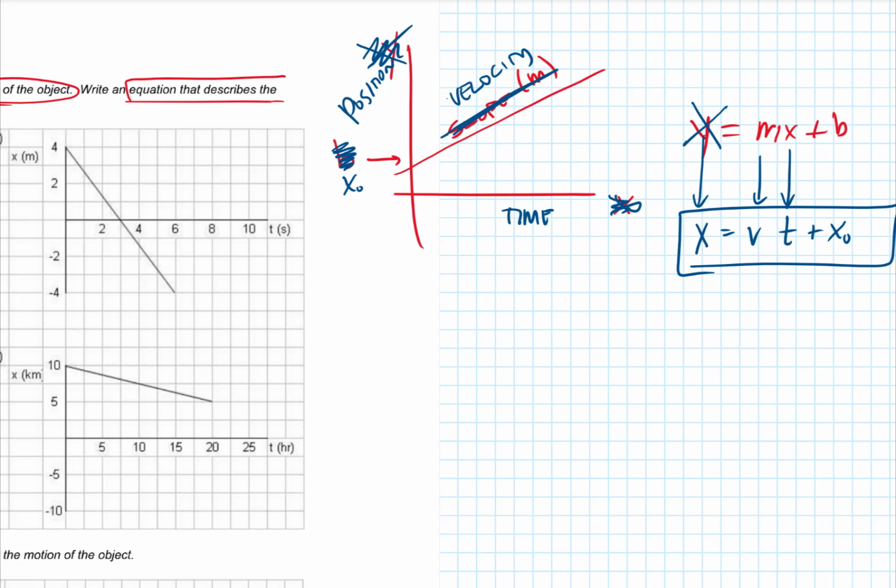So our y values are all x for position, my slope is the velocity, all my x values are time, and my y-intercept is the initial position. So this is the equation that describes motion. For each of these problems, what we're going to do is find the initial position, plug it in right there, and then find the velocity, which is just finding the slope, and plug it in right there.